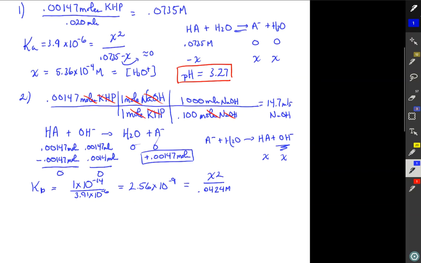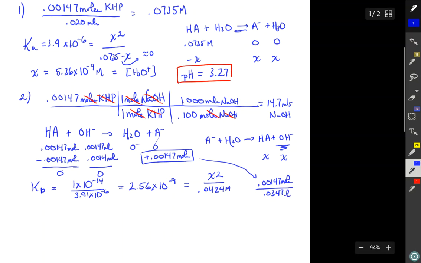This molarity came from the fact that we have 0.00147 moles of that stuff, and the solution total is 0.0347 L, because we've added 14.7 mL to 20 mL.